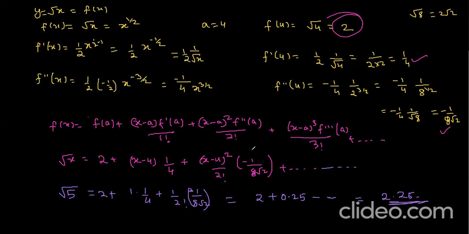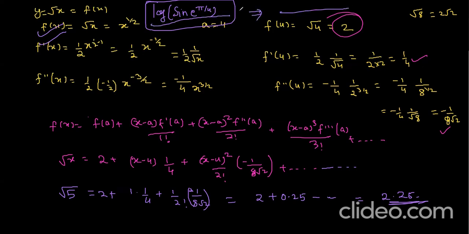For example, if I ask you what is the value of log sine e raised to pi by 4. This value cannot be done by calculator. So in this case, what do we use? Taylor series. Okay. So first we change this function into Taylor series. Then we put the value of x as pi by 4.